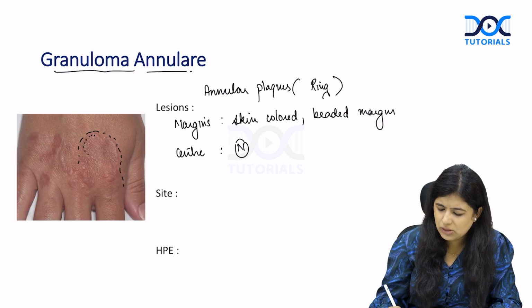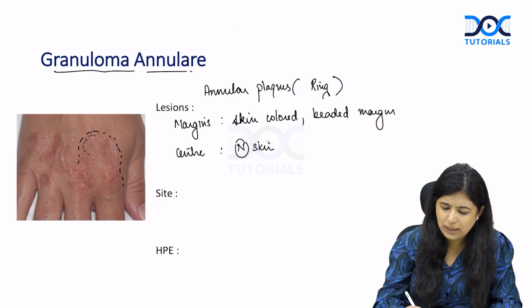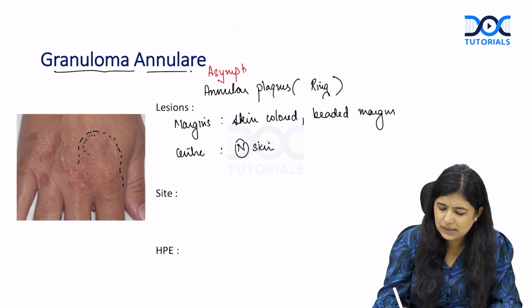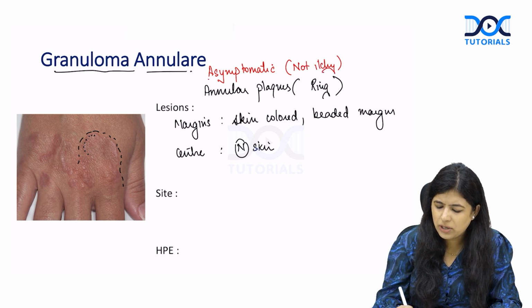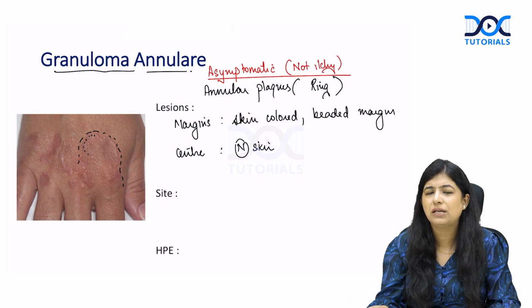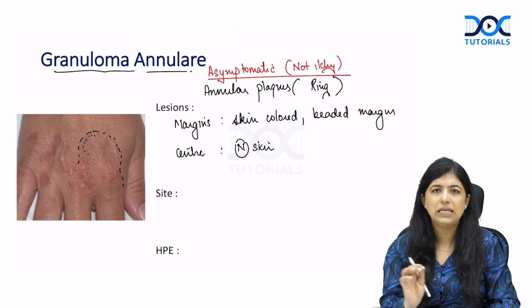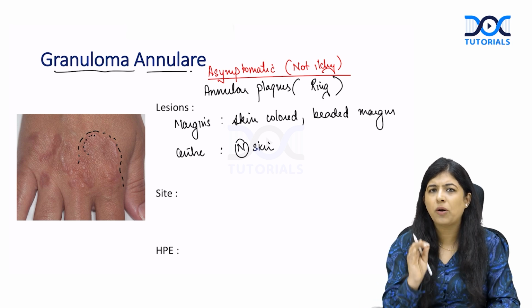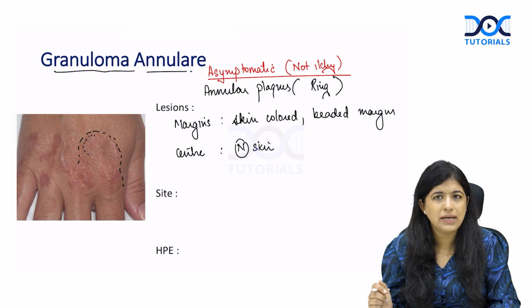And the center is normal skin. A very important point about granuloma annulare is that it is asymptomatic. That is not itchy. So that is something that's important because it helps us differentiate it from other annular lesions. It helps us differentiate from fungal infections which are itchy, which are also more common in diabetics.